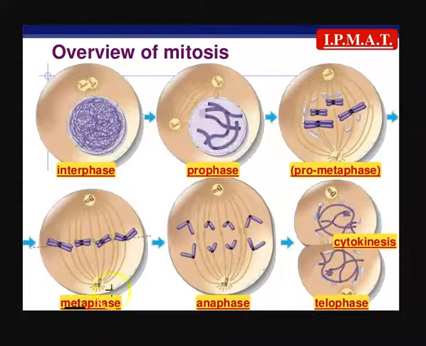Meta for middle, you're going to have the chromosomes lined up in the middle of the cell. And then anaphase, A for the chromosomes being pulled away or apart. The spindles help move the chromosomes to either side of the cell so that both cells can have a complete set of chromosomes.